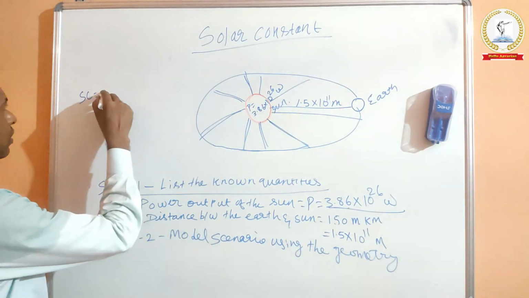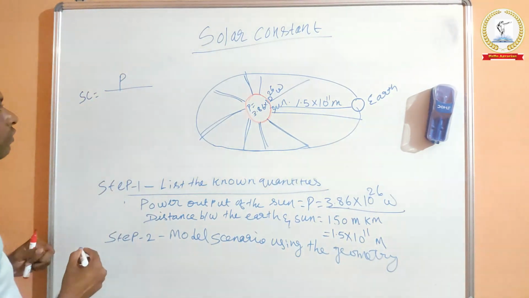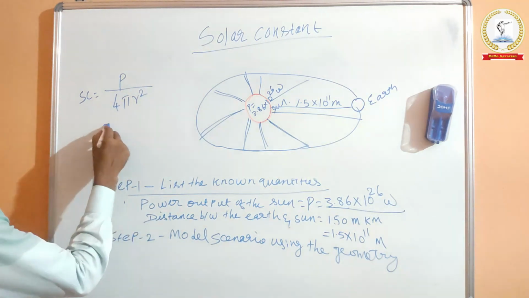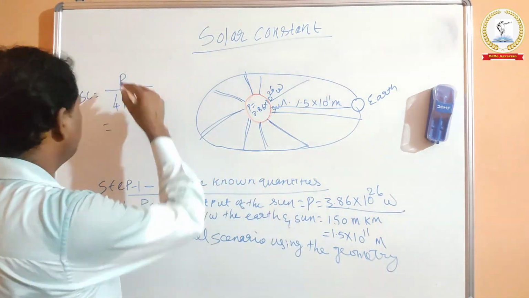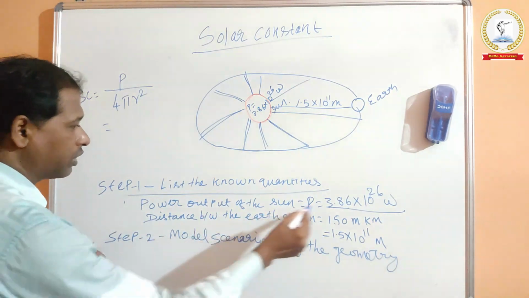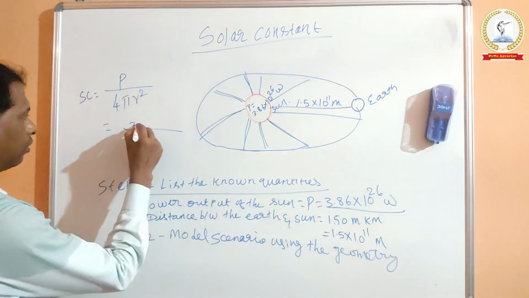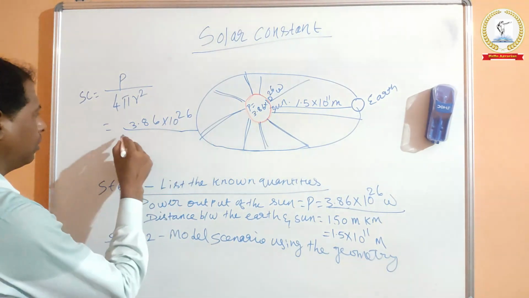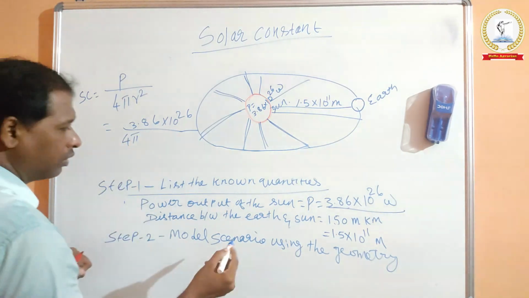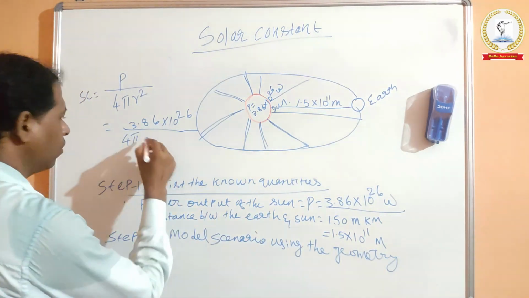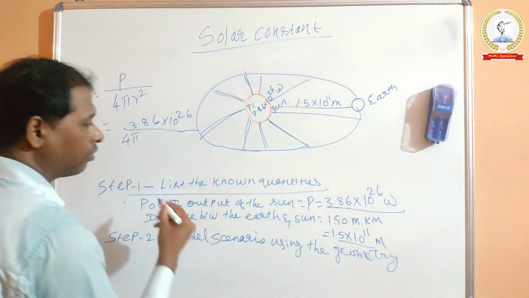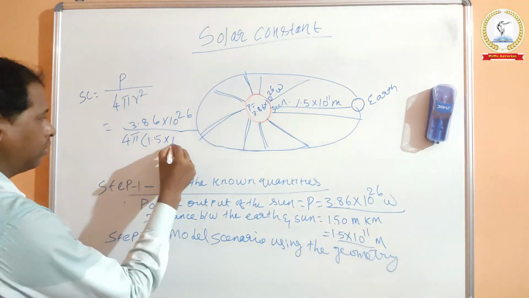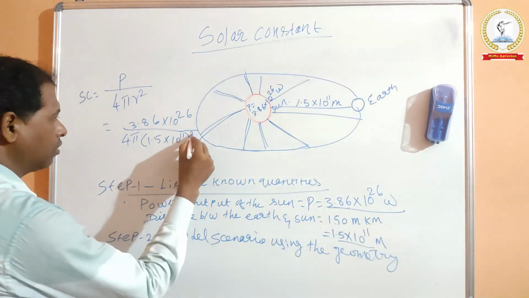The solar constant equation is the power output of the sun divided by 4πR squared. Substituting the values, the power output of the sun is 3.86 into 10 to the power of 26, and 4π times the distance between earth and sun, 1.5 into 10 to the power of 11, squared.